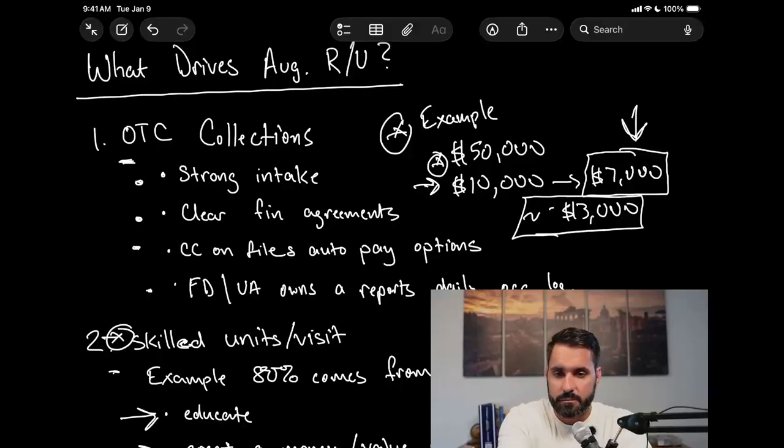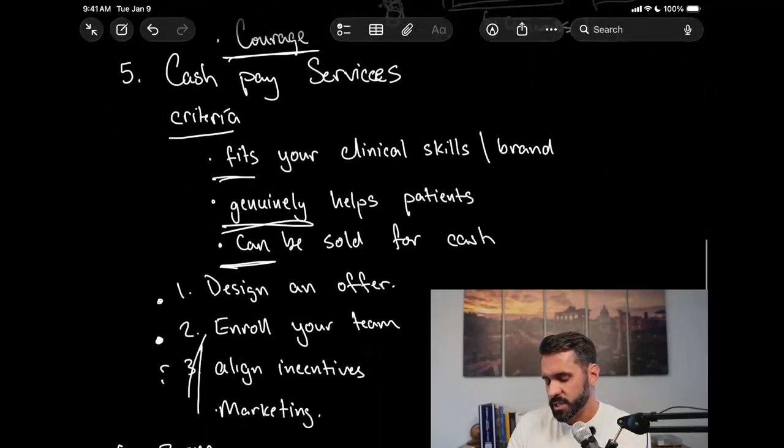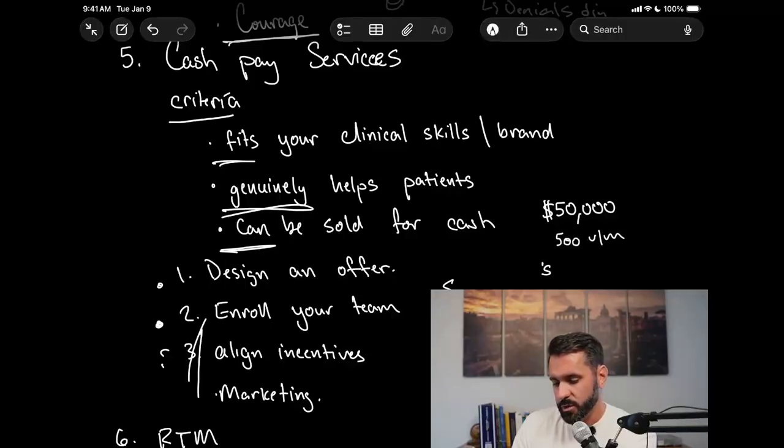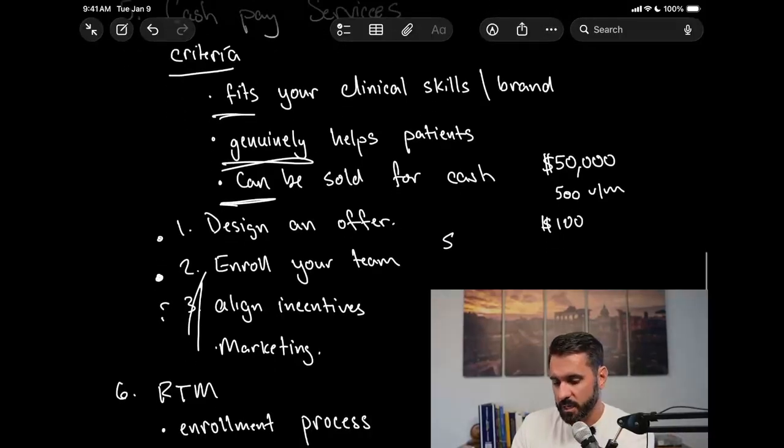Let's say that you're doing, let's say your top line revenue is $50,000 a month. And let's say you're doing 500 visits a month. Okay. That would mean your average reimbursement per visit is $100, $100 a visit. Okay.